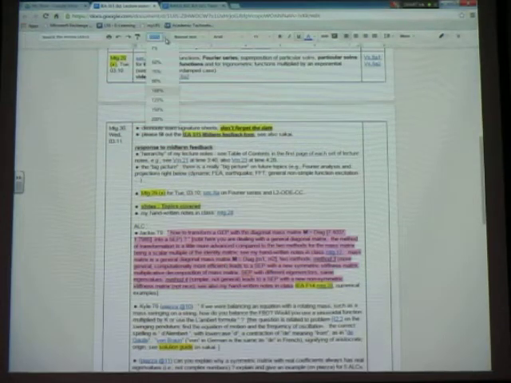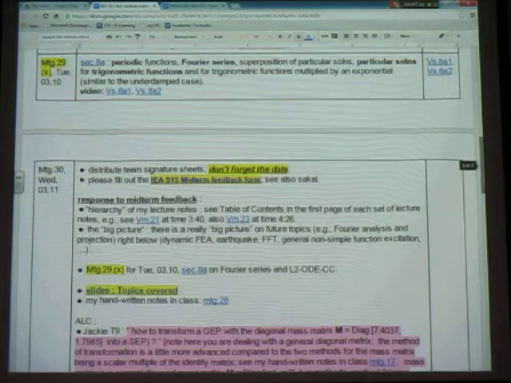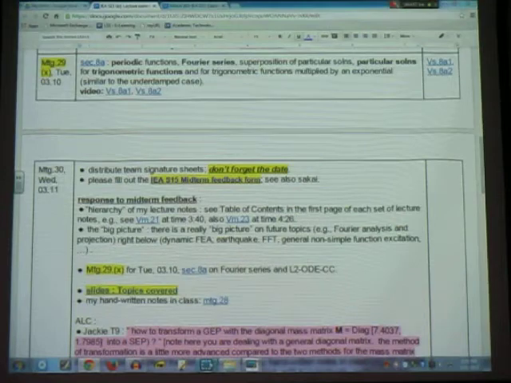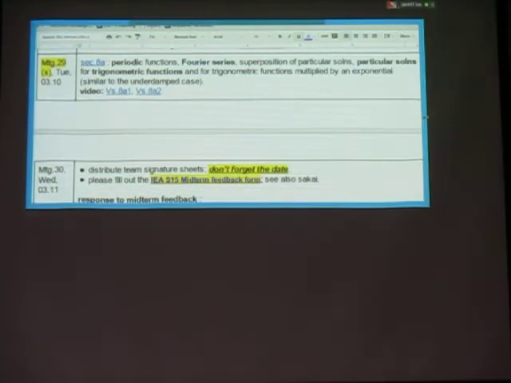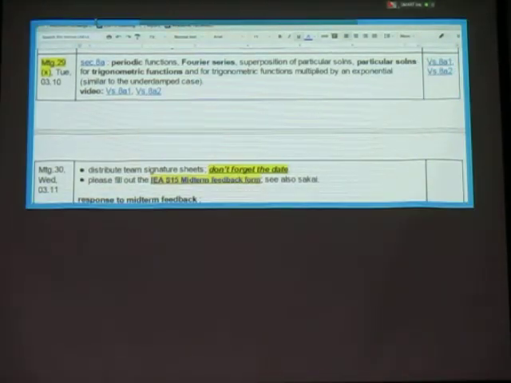So I'd like to bring up my daily lecture summary as usual. This is every day, and I advise you to really look at the daily lecture summary every day. I have posted the extra lecture with the videos, and this is directly related to Fourier series, Fourier analysis.